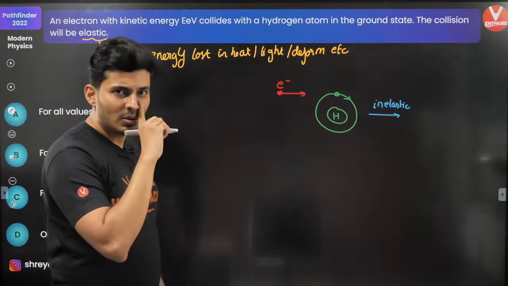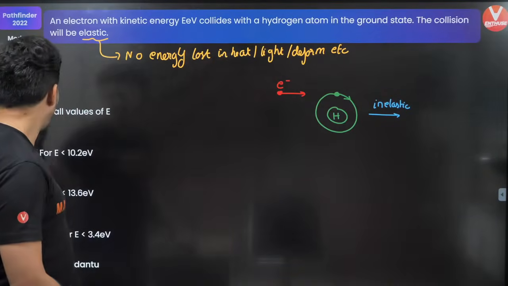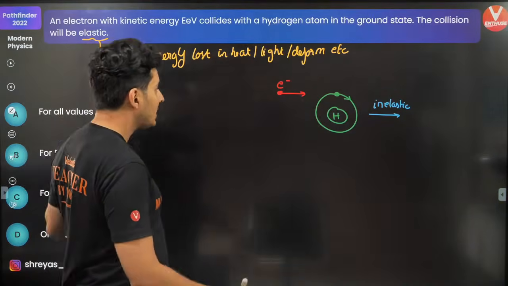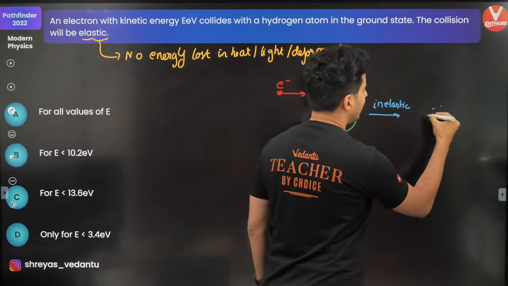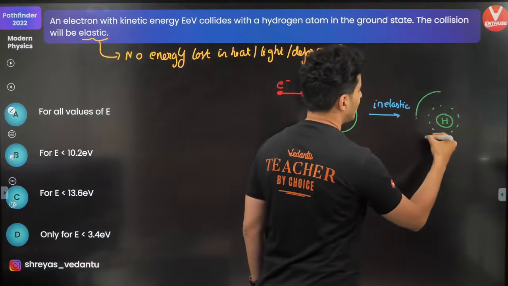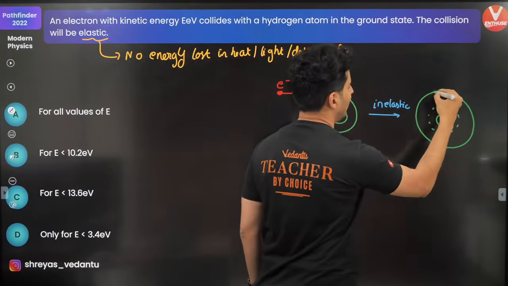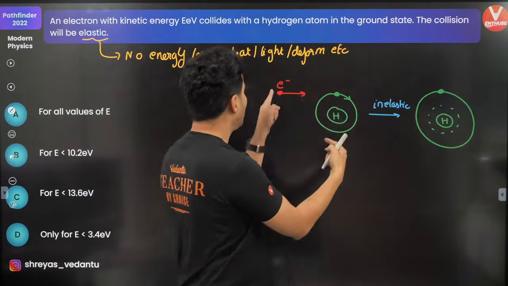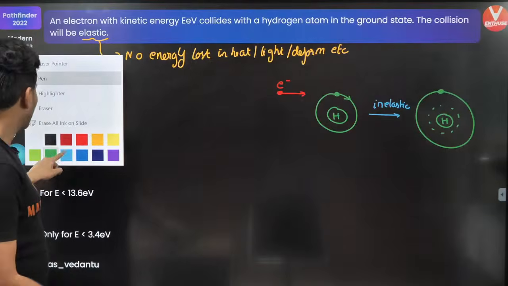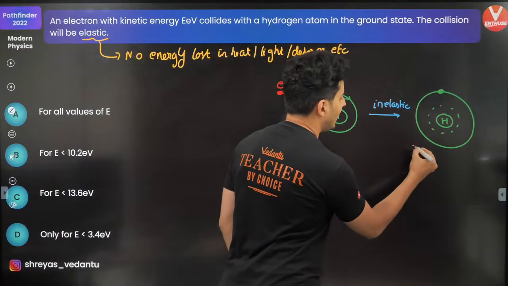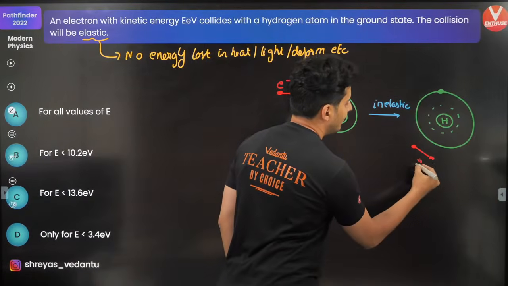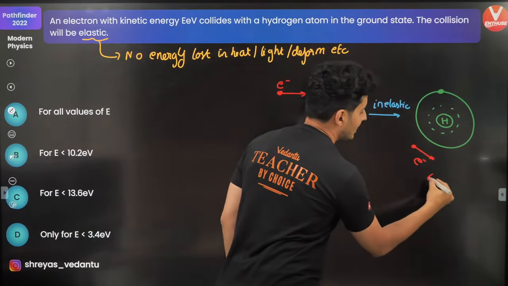That means, you know what will happen? Look at it. This hydrogen atom will go into its excited state. So the electron will probably jump, and this electron will lose its energy. This electron will have less energy.